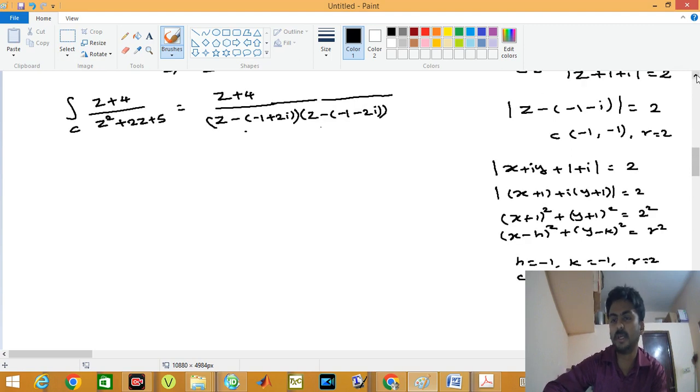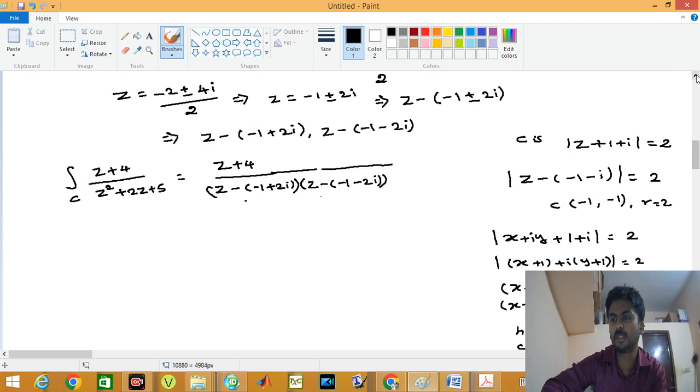Now we shall draw the circle with center minus 1 comma minus 1, which means the real part x is minus 1 and the imaginary part y is also minus 1.